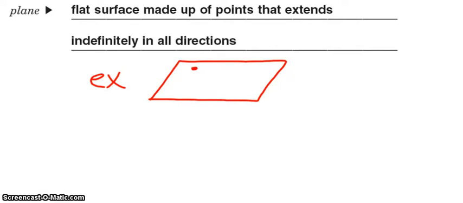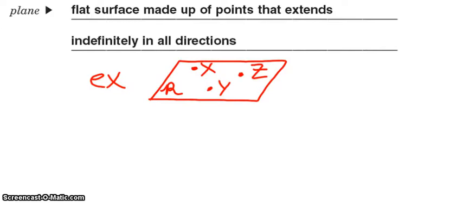You need at least 3, if not more, to represent a plane. So let's use X, Y, and let's use Z. 3 points. Or you can represent it with a capital cursive letter. In this case, capital cursive R.